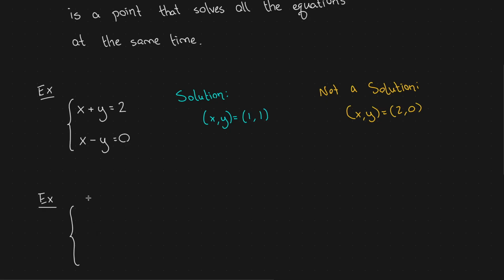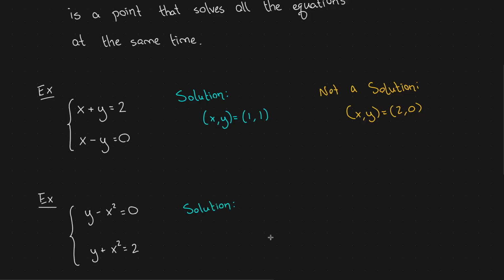Okay, let's look at y minus x squared equals 0 and y plus x squared equals 2. Now, can we find a solution here?